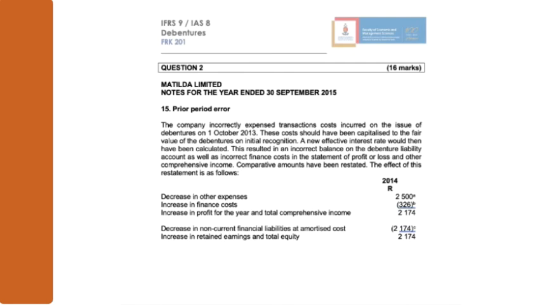We now need to tell our users which line items have been affected by going retrospective and fixing the prior period error. It's really important that we tell our users whether something was decreased or increased. Every single line item, please, it's a line item. We cannot say decrease in transaction costs.